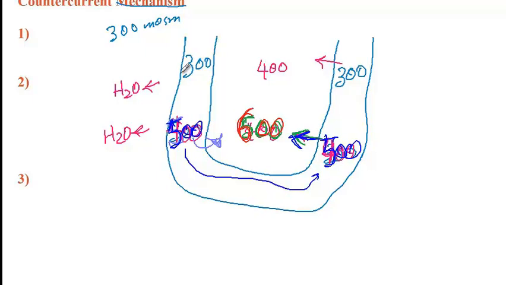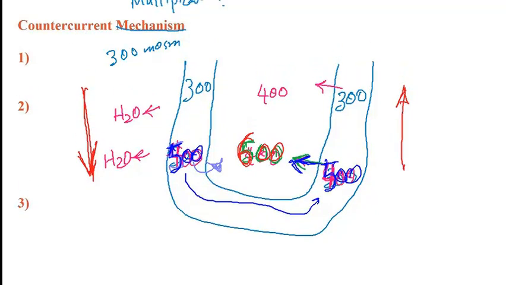So there would be countercurrent multiplication. It's called countercurrent because the flow of fluid in one of the tubules is downward and in the other one it's upward. So they are in opposite directions. That's why we call it countercurrent.